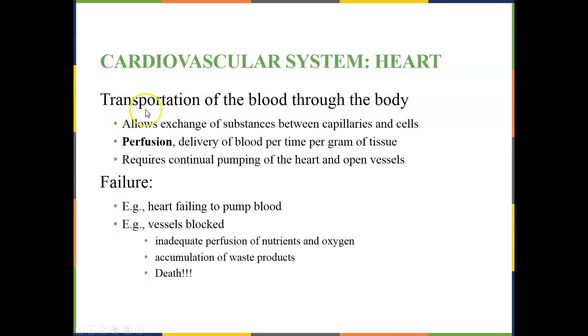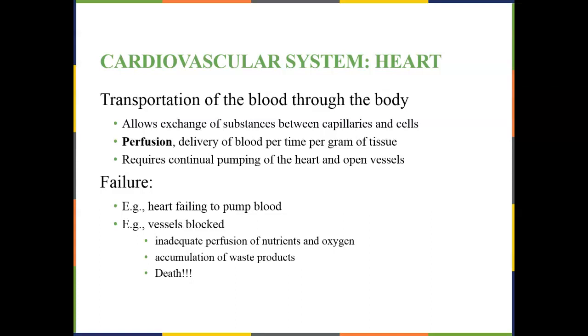Its main job is to transport blood through the body to allow for nutrient exchange and to get rid of waste products. The term perfusion is the delivery of blood per gram of tissue. And so our cells have to be properly perfused so that they get the nutrients they need and can get rid of the waste products. And this requires blood vessels to be open and the heart to continuously pump.